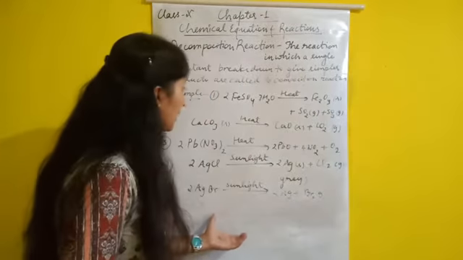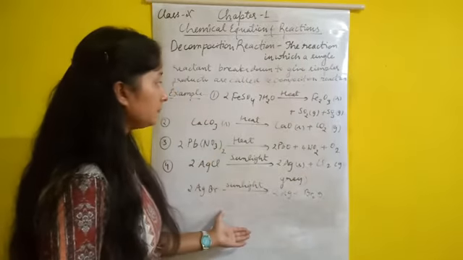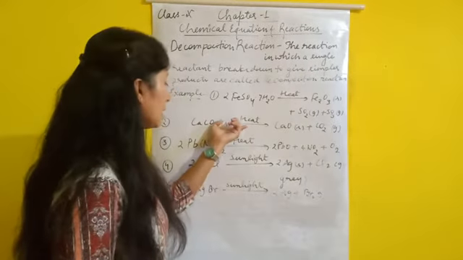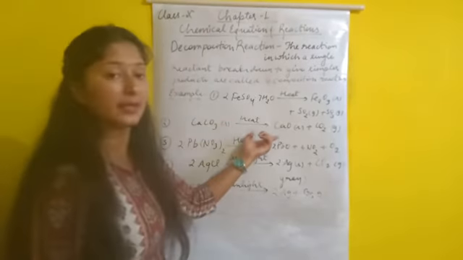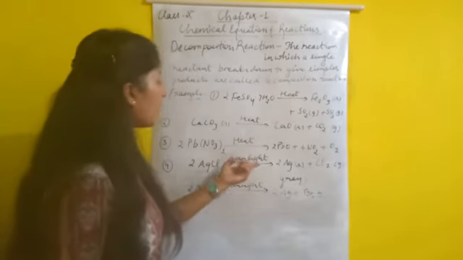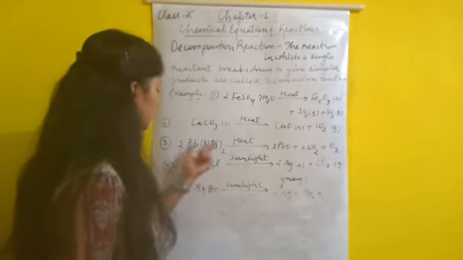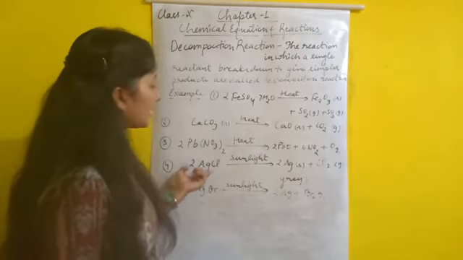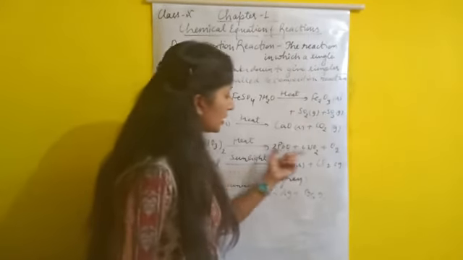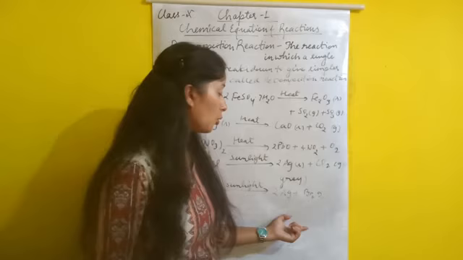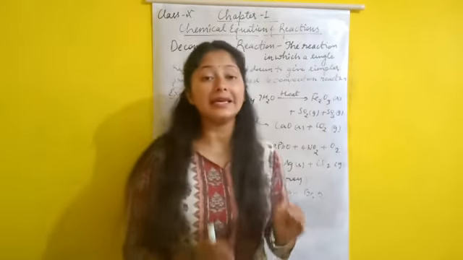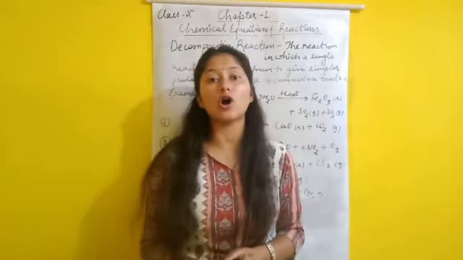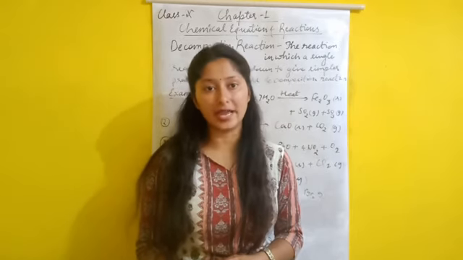As you can see, in all these reactions, by applying heat, or by applying light, a single reactant decomposes into simpler products. So reactions in which heat is absorbed are called endothermic reactions.